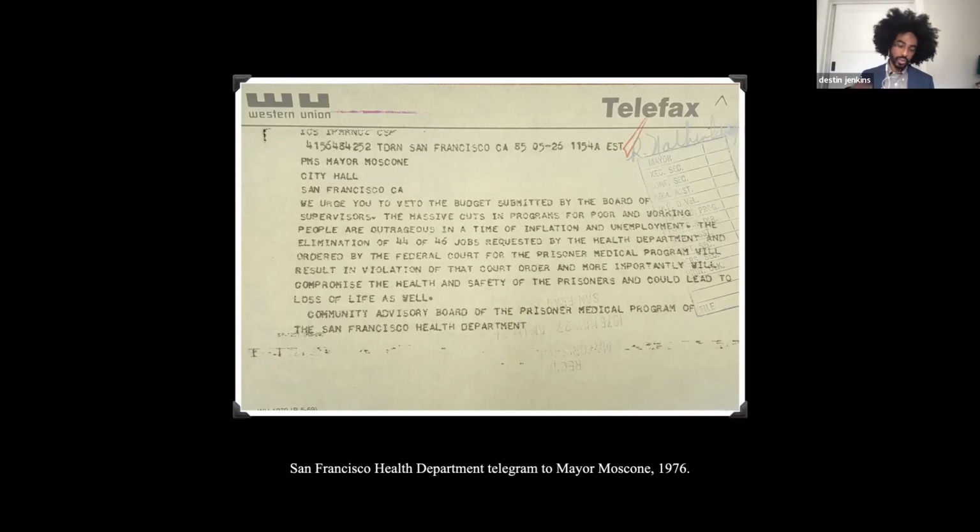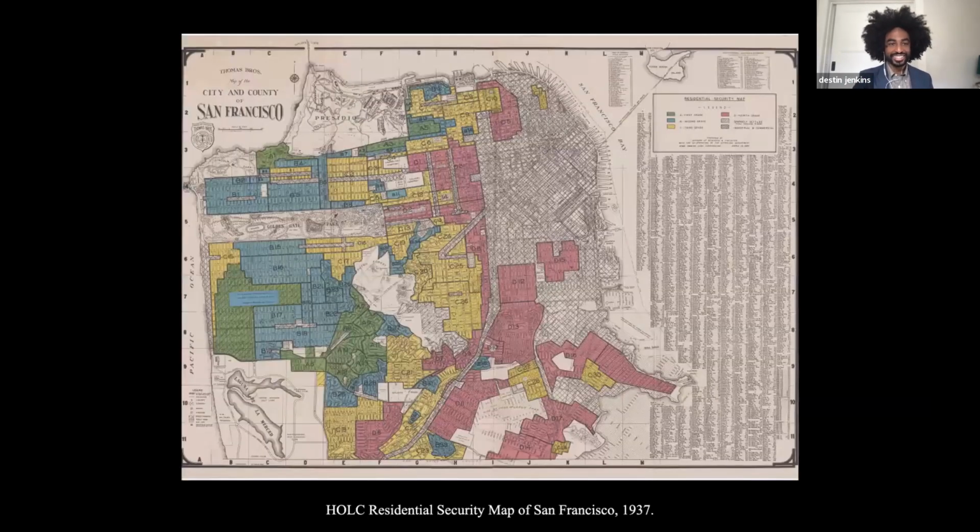So the second story of racial inequality tends to focus on housing. Some of you have probably seen these maps before, the famous Homeowners Loan Corporation residential security maps, here for the city of San Francisco. Others have attended to the persistence of racial inequality by focusing on US housing policy. By now, the story of New Deal housing policy is well known, certainly familiar, and the so-called redlining maps have become a frequent reference point in discussions of the racial wealth gap.